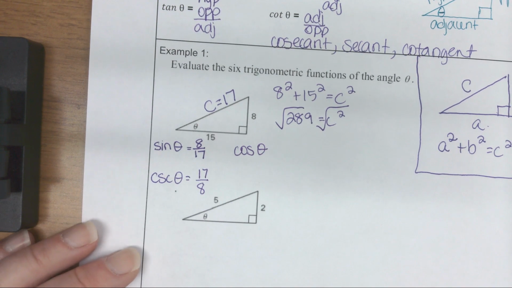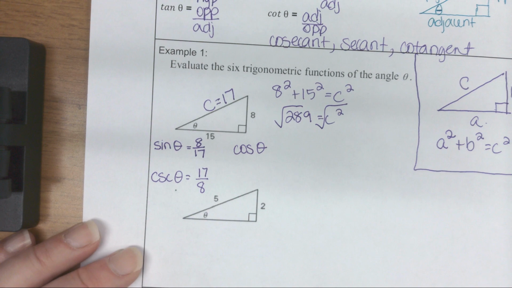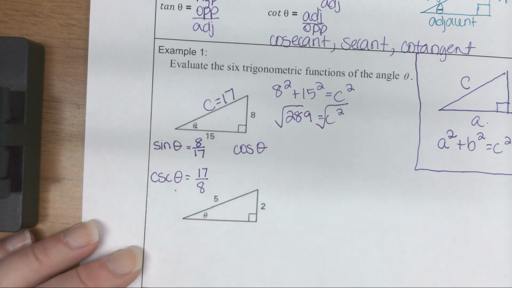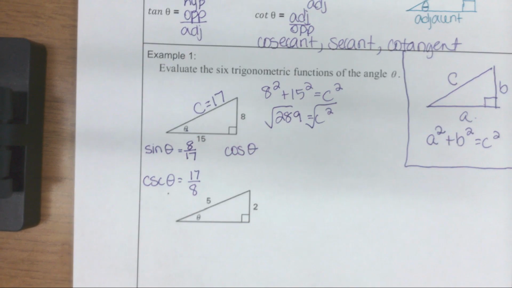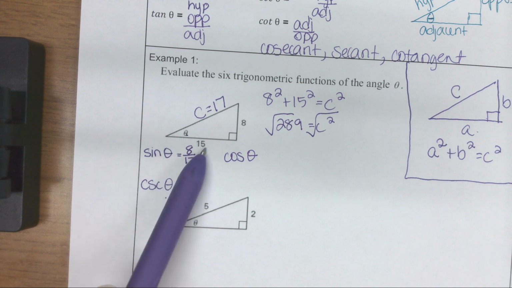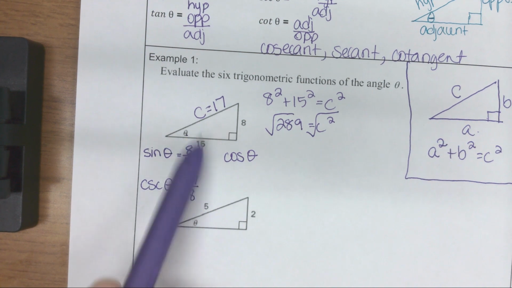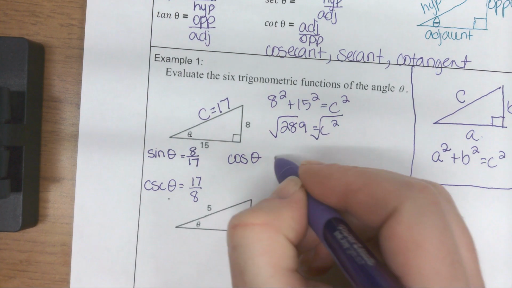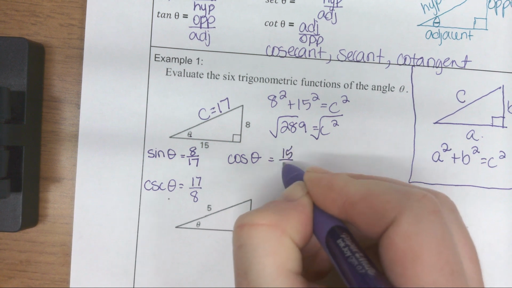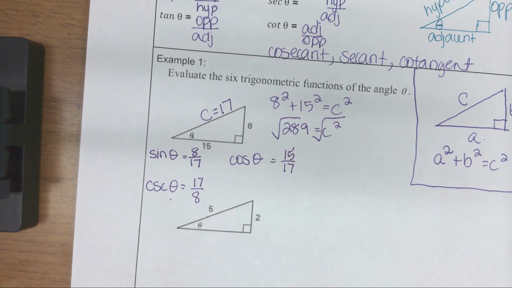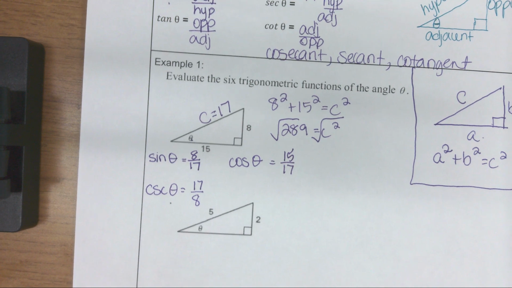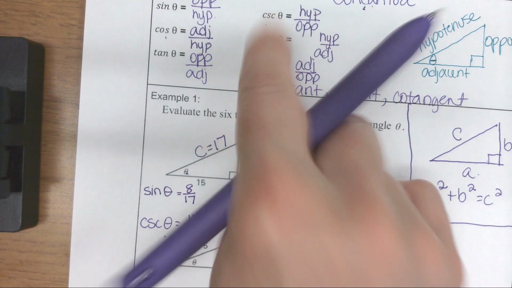The cosine of theta is adjacent over hypotenuse. So the piece that's adjacent is 15 and the hypotenuse is 17. The reciprocal of cosine is the secant, so I'm going to write that one next.